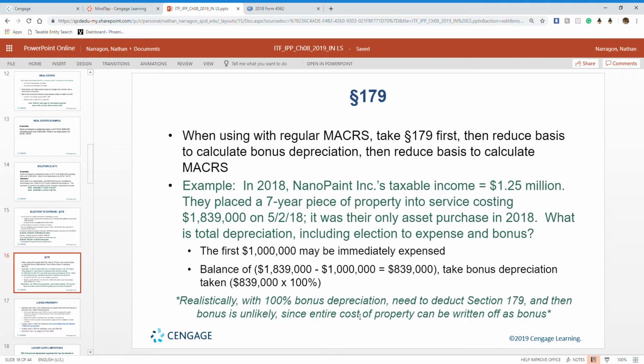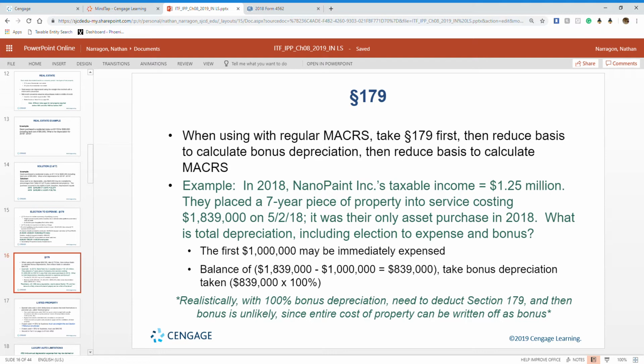What is the total depreciation, including election to expense and bonus? Now, they choose to elect, well, again, they're under the 2.5 million limit of where the phase out starts. So we take the full 1 million.